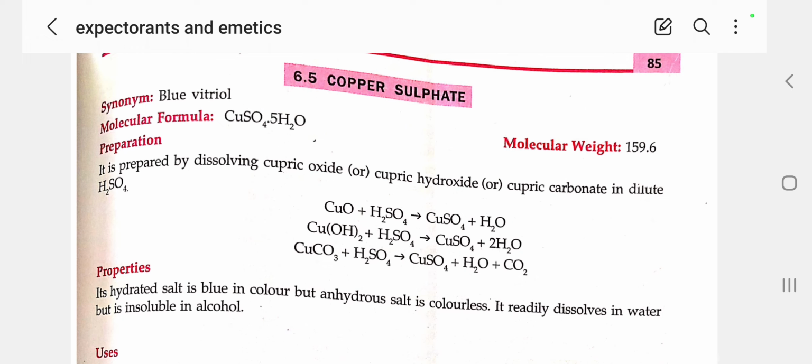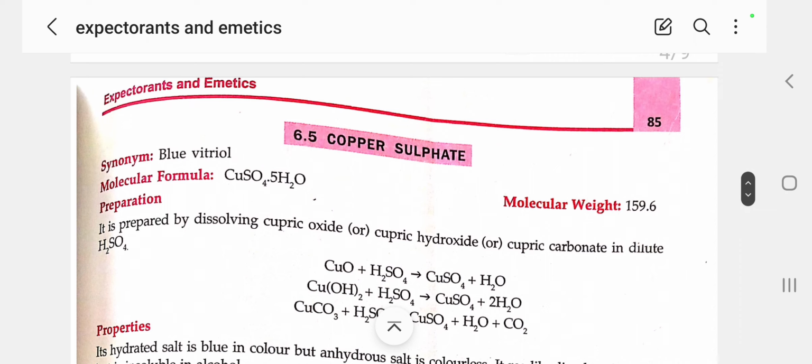Then preparation. There are three methods of preparation, so it's very easy to remember the point. Copper oxide, or cupric hydroxide, or cupric carbonate, in dilute acid.